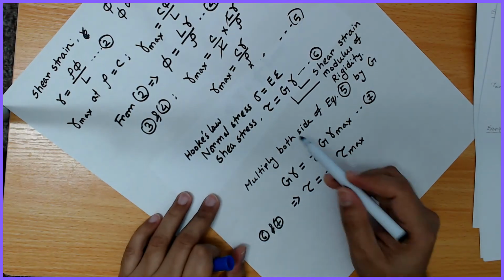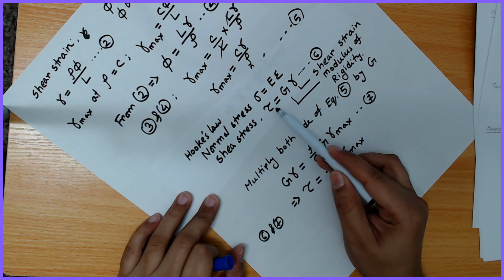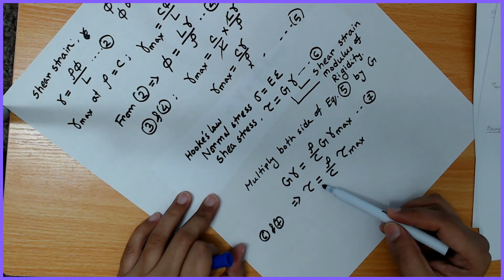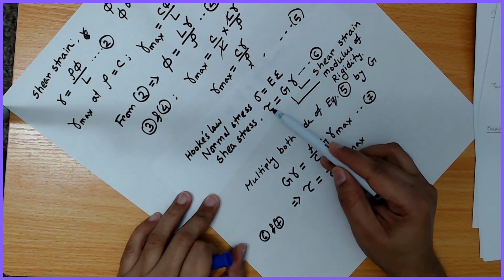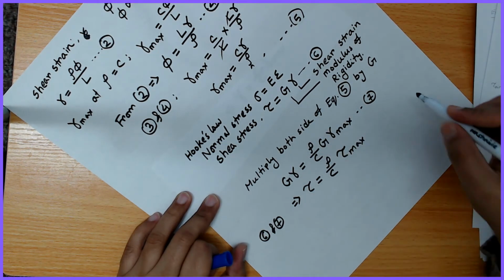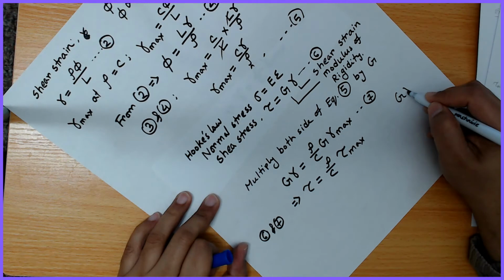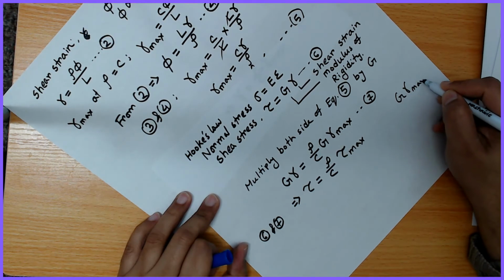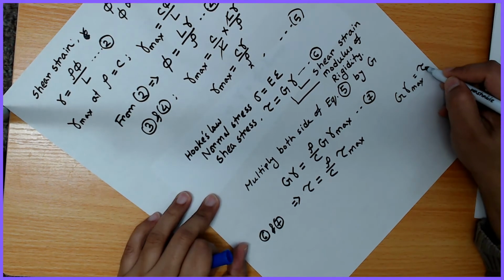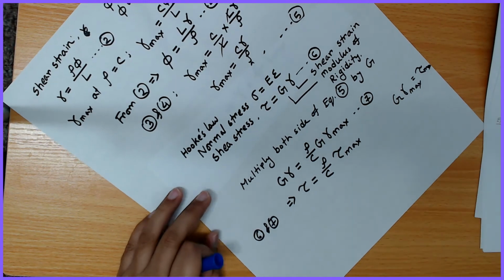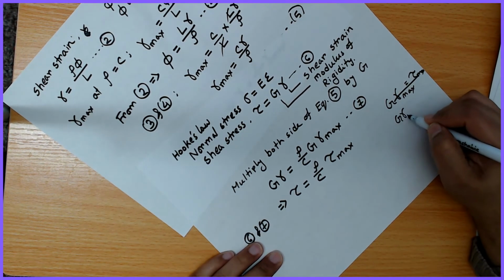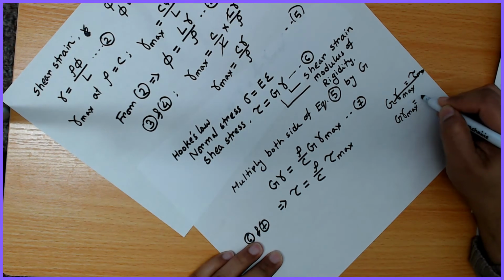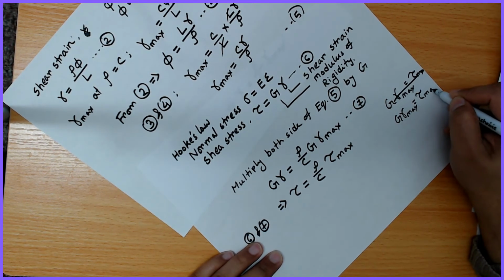So here I replaced G gamma with tau, and similarly G gamma maximum with tau maximum.